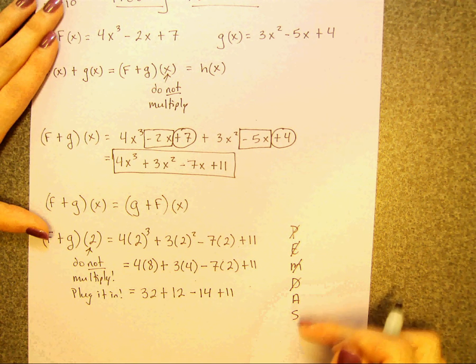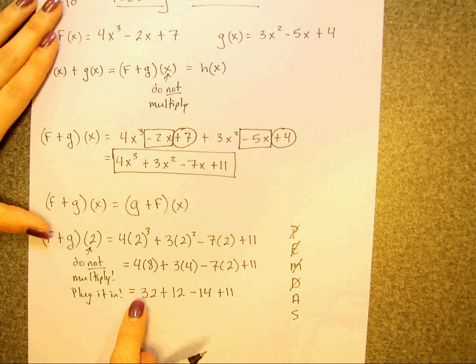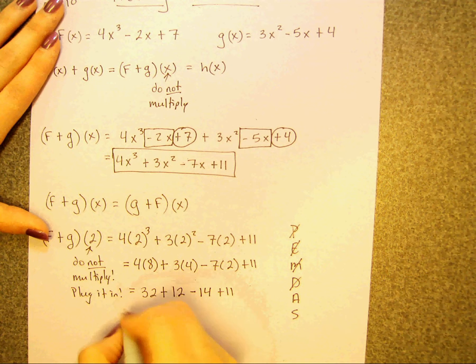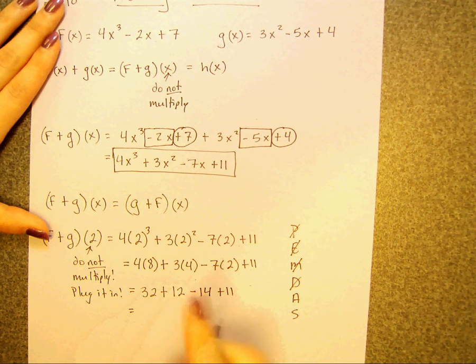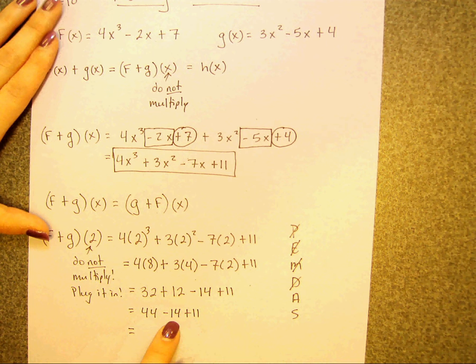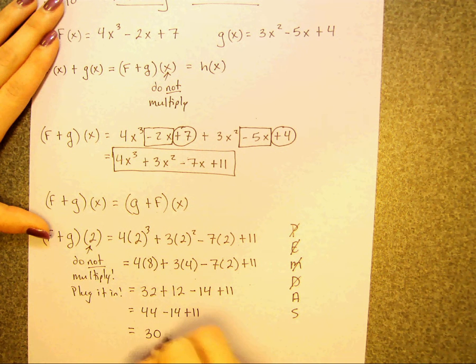Once I get down to addition and subtraction, I can do them at the same time as long as I start at the left and work my way to the right. So 32 plus 12 gives me 44. Then I have minus 14 plus 11. Again, starting at the left, working my way to the right, 44 minus 14 gives me 30 plus 11.